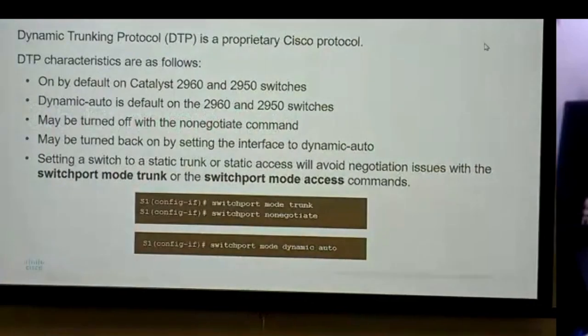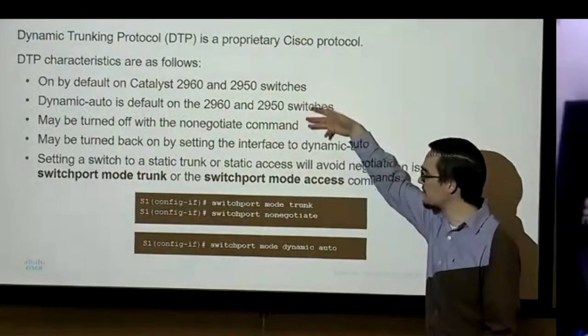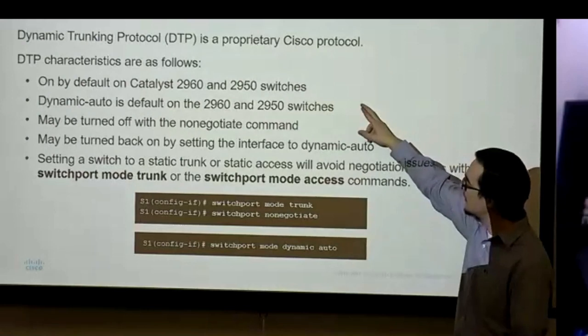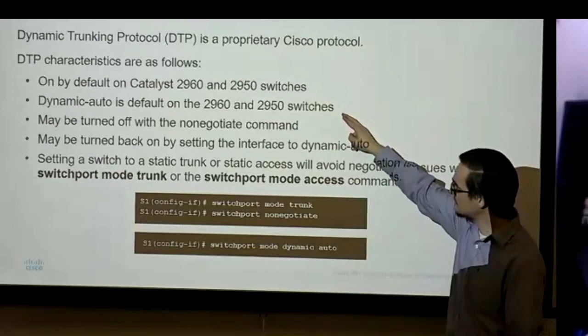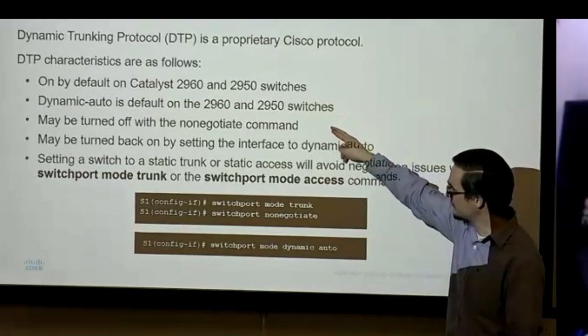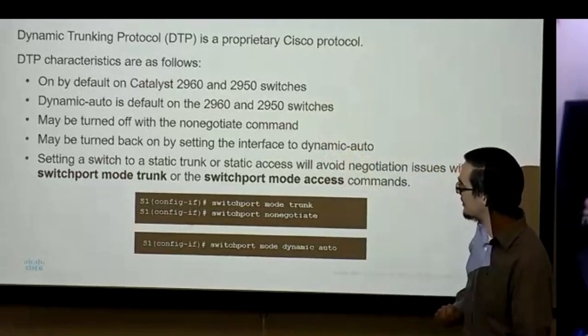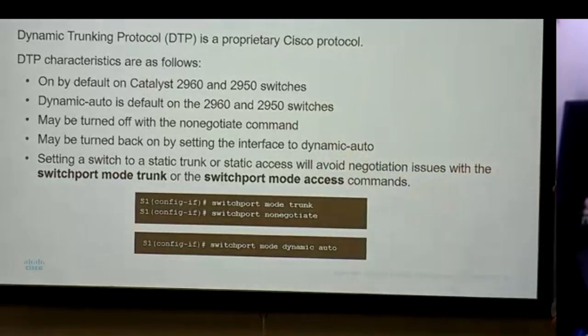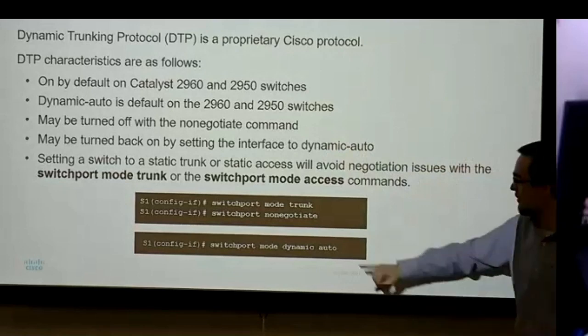All right, DTP, Dynamic Trunking Protocol. On by default on most Cisco switches, dynamic auto, may be turned off with the no negotiate command. So if you want to increase your security, you're going to do this.